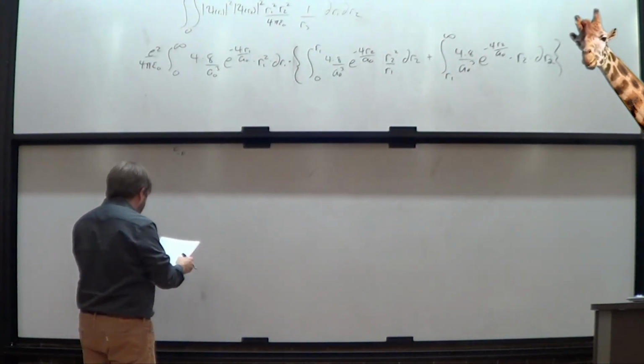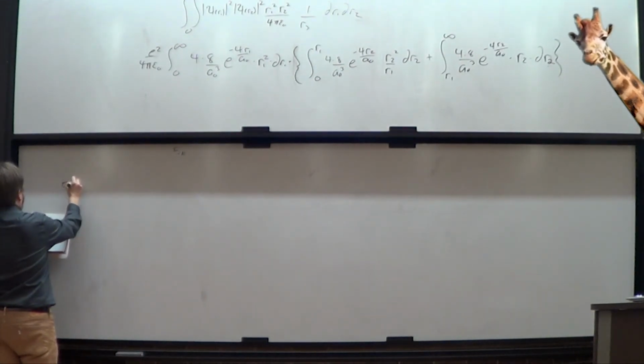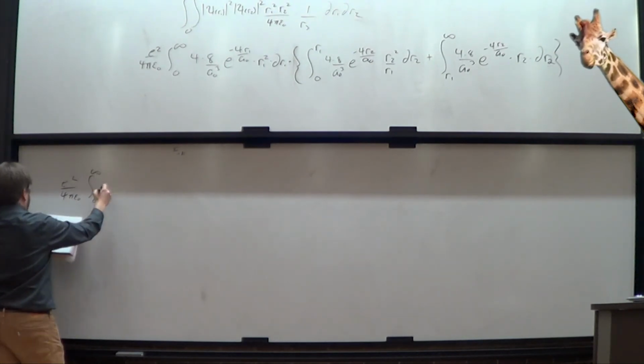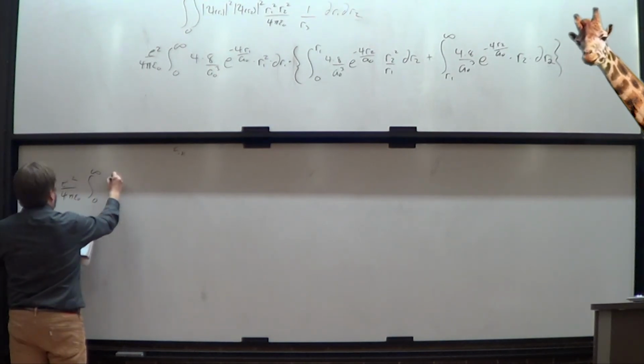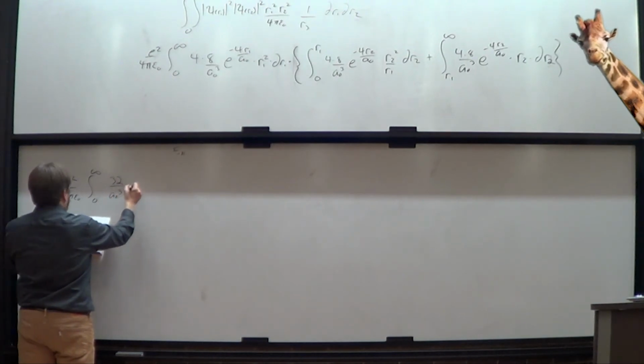Okay, so what do you get? You get mean squared. It's still going to be kind of long. Okay, so here to infinity. What's 4 times 8? 32. A naught to the third.